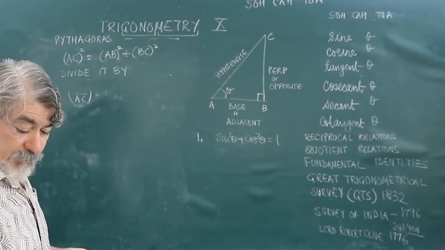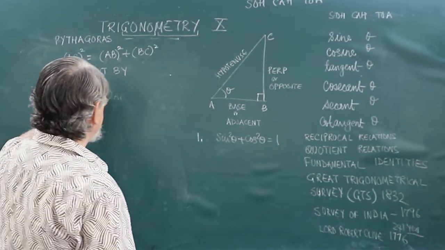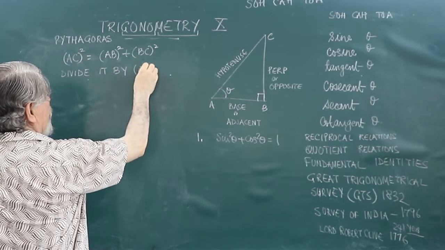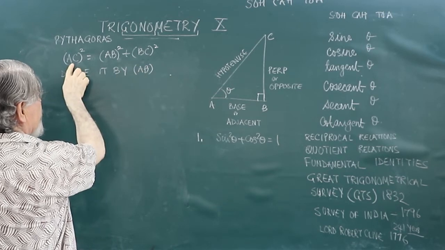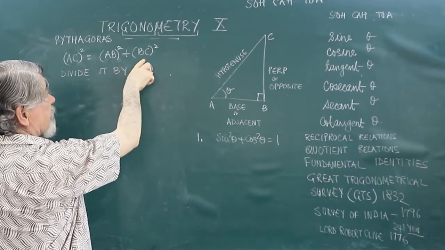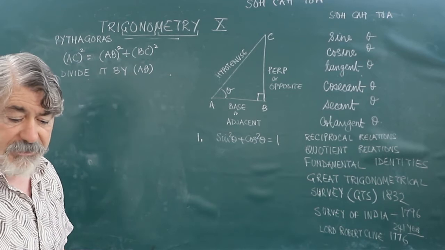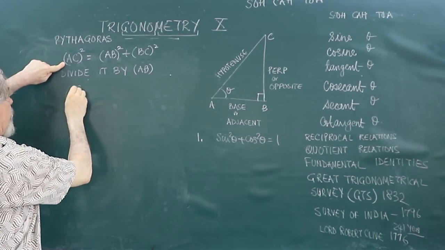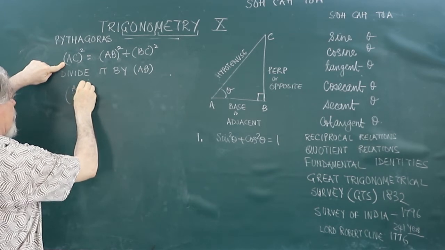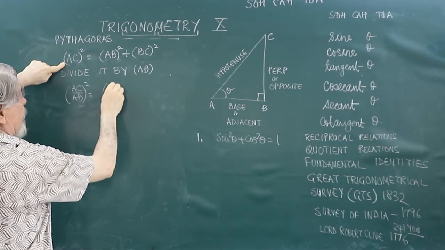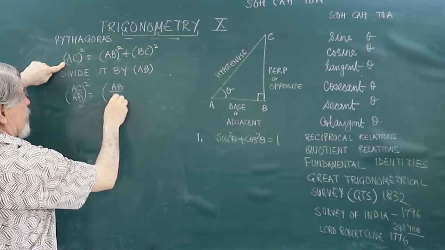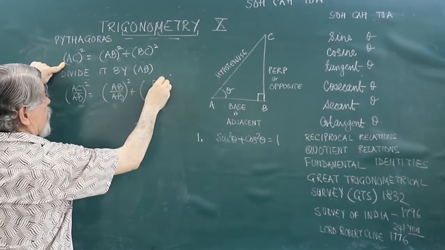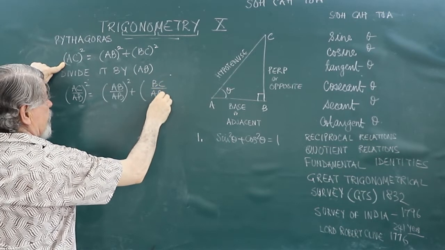We divided by AC, now let me divide the whole equation by AB. In the next case I will divide by BC, and see what happens. When you divide, AC by AB whole square is equal to AB upon AB whole square, obviously this will become 1, plus BC upon AB whole square.